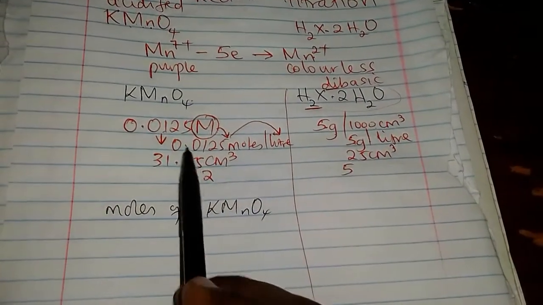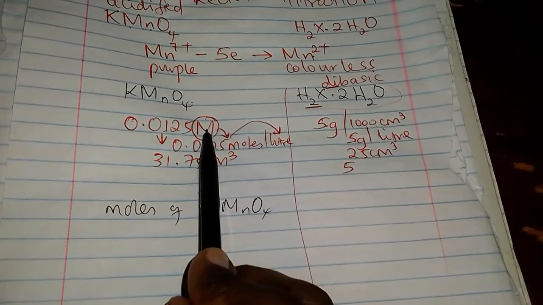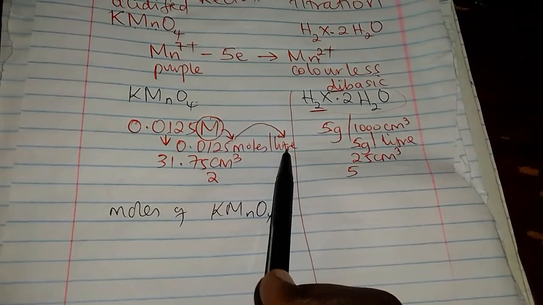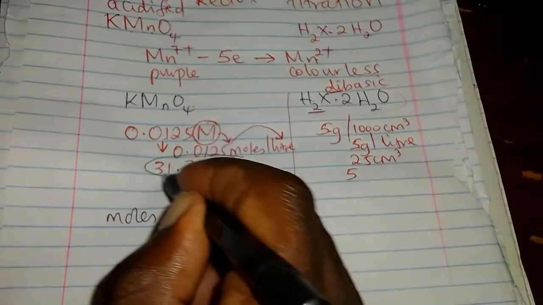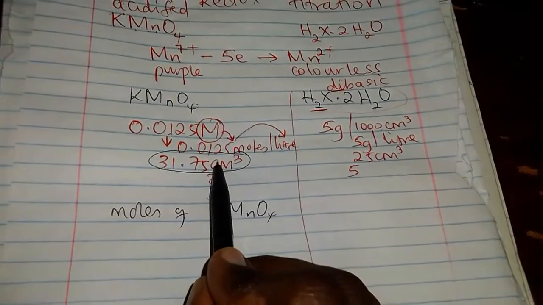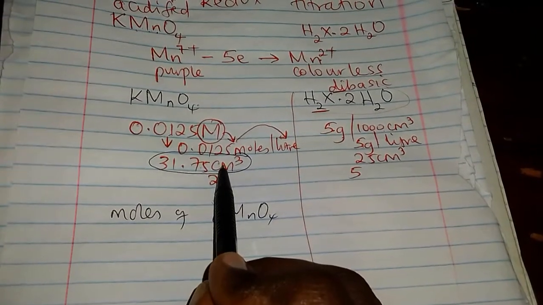It is very simple. 0.0125 moles are contained in a liter, or in 1000 centimeters cubed. What about this volume? This is the volume that got used, so it must contain the moles that reacted.